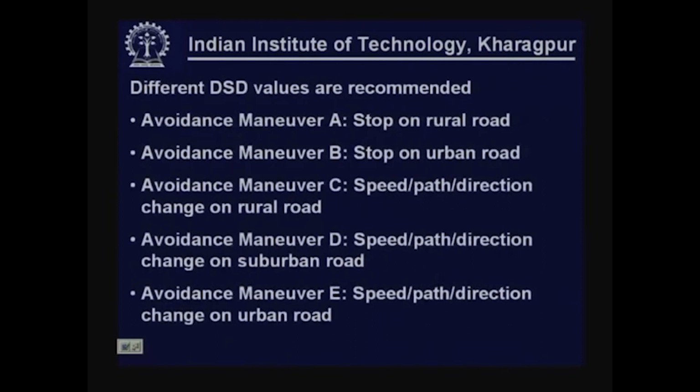Considering all this, AASHTO suggests DSD values for different avoidance maneuvers A to E. A is stop on rural road, B is stop on urban road, C is speed, path, direction change on rural road. Avoidance maneuver D is speed, path, direction change on suburban road. Avoidance maneuver E is speed, path, direction change on urban road.